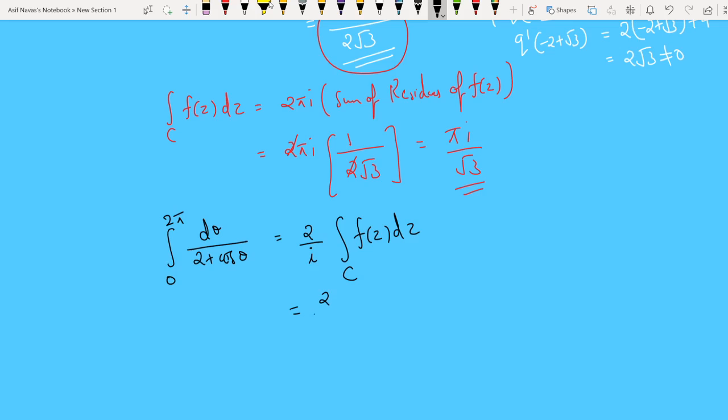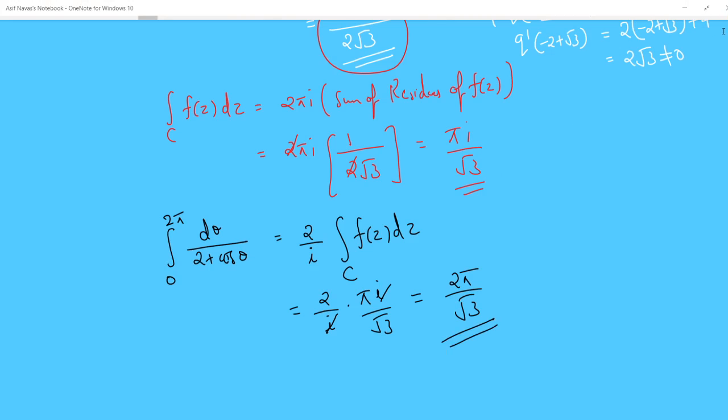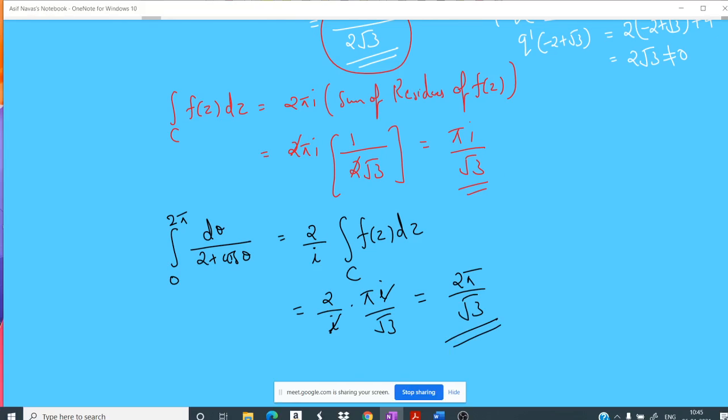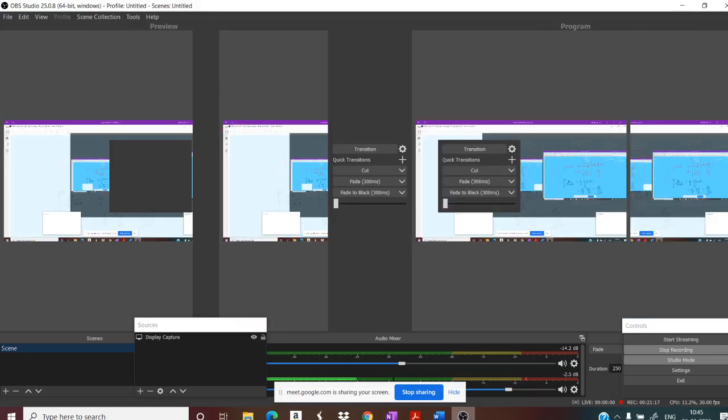So this is 2 by I times pi I divided by root 3. Now I and I get cancelled. So this is 2 pi by root 3. So this is very easy compared to other problems. Okay.